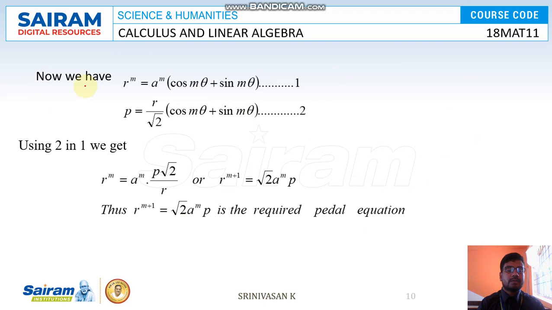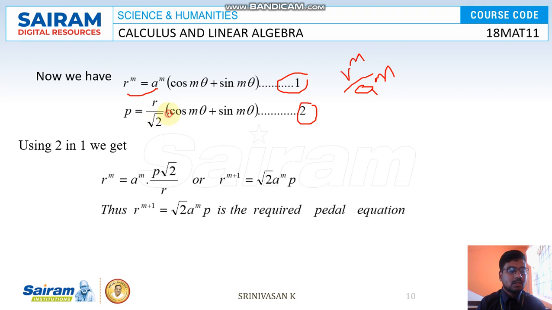So now we have r power m equal to a power m into (cos m theta plus sin m theta), this is the given curve. And the second equation is p equal to r divided by root 2 into (cos m theta plus sin m theta). Taking the opposite direction, we get r power m divided by a power m for the first equation.